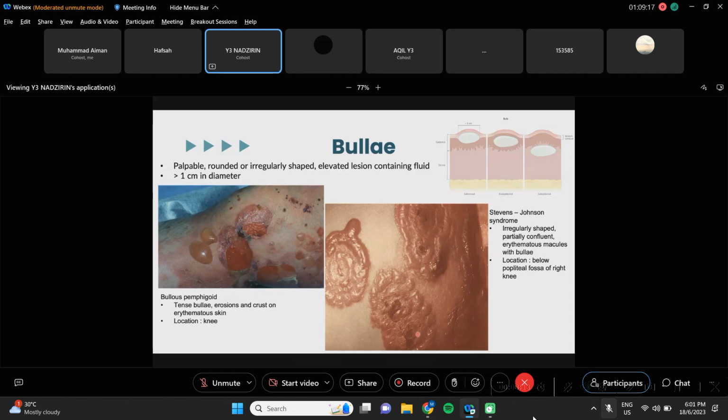Sometimes around the bullae they can have an erythematous base, but you can't really say it's a macule because it's at the base. Sometimes the erythema is at the base, so you can say tense bullae with an erythematous or pruritic base, for example. So macules are maybe not really in the photo.